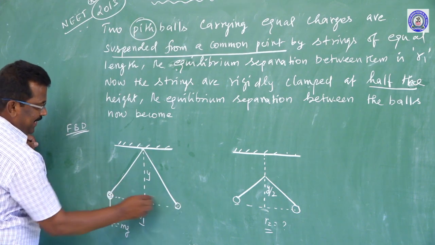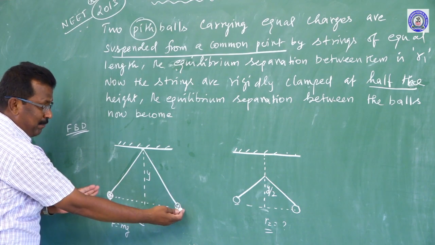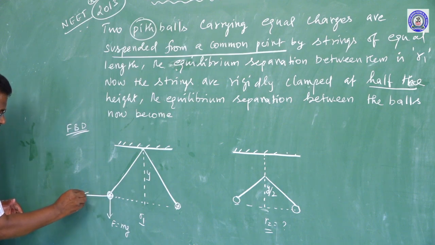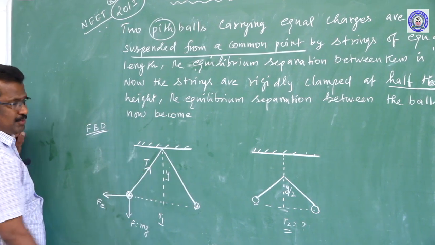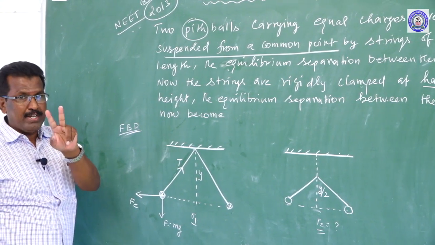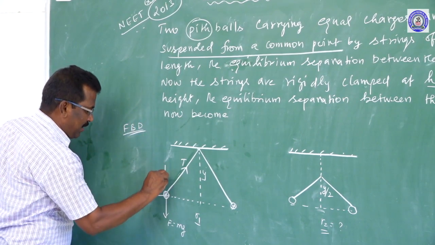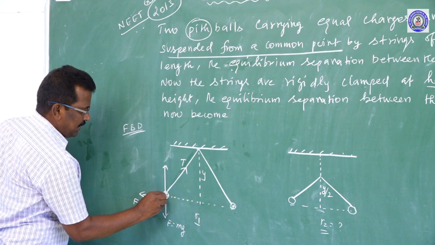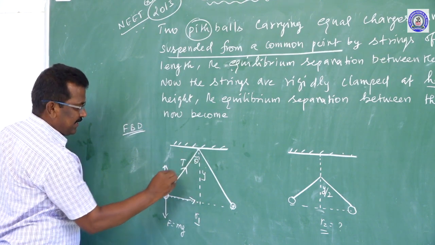Two pith balls carry equal amounts of positive charge. Once again there would be the repulsive force Fe acting in the opposite direction. Now the string has been resolved into two components. One is the horizontal component, another one is the vertical component. So this is the vertical component. This is the horizontal component. This is theta. If it is theta, it is also theta.